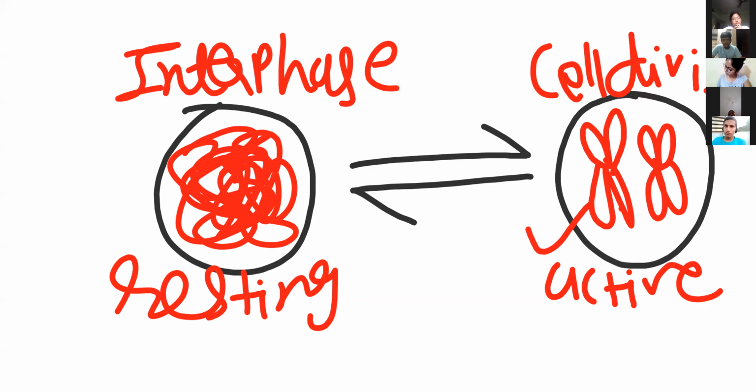This one we call chromatin at interphase, which is a loose and indistinct network of nucleoprotein fiber.